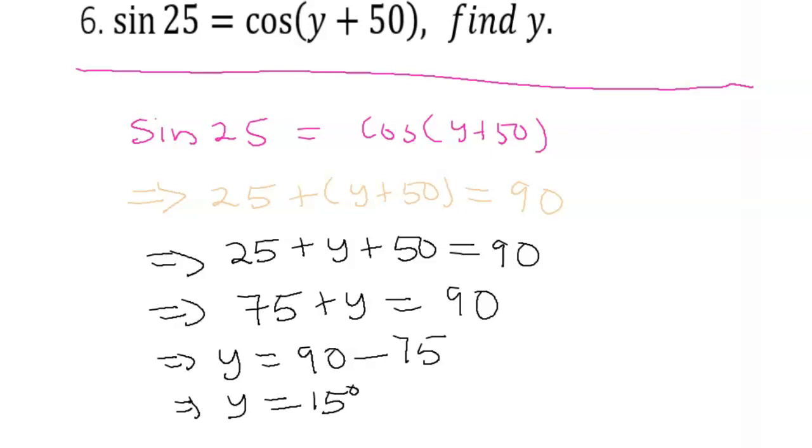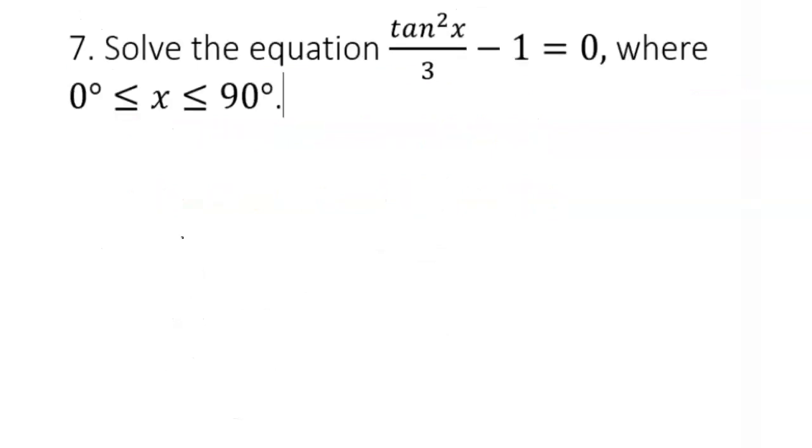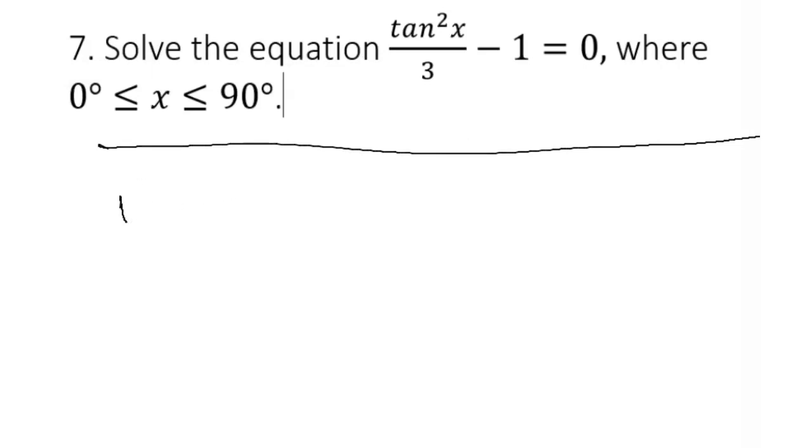So let's do the next one. Solve the equation tan squared x on 3 minus 1 equals 0, where x is greater than or equal to 0 degrees but less than or equal to 90 degrees. Let's look at how we solve this one. We have tan squared x on 3 minus 1 equal to 0.